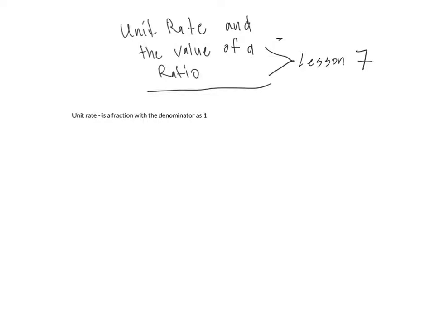Okay? Which is a little bit different than the value of the ratio, which is a ratio flipped into a fraction in simple form.